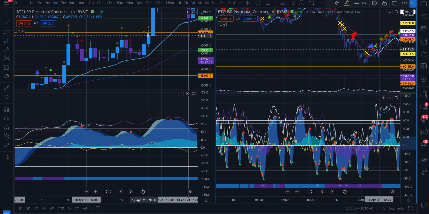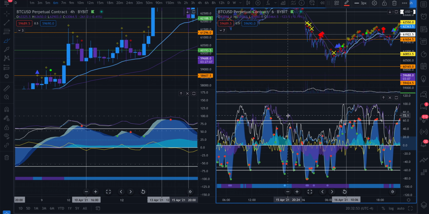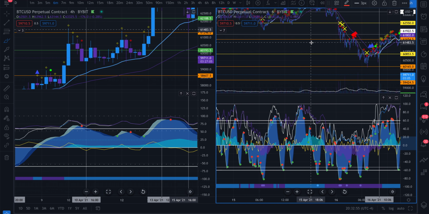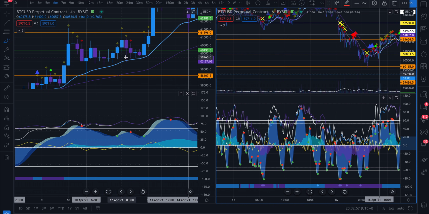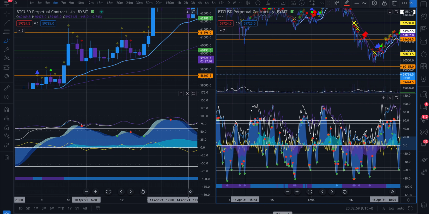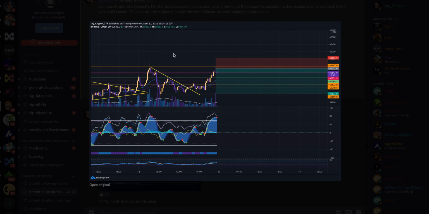And even though we're printing a green dot, it's been some time since we printed that green dot. We come up to the resistance level, and we're getting a very clear direction off of that resistance level. And I'm having trouble finding my place on the chart here, but I entered short right here.